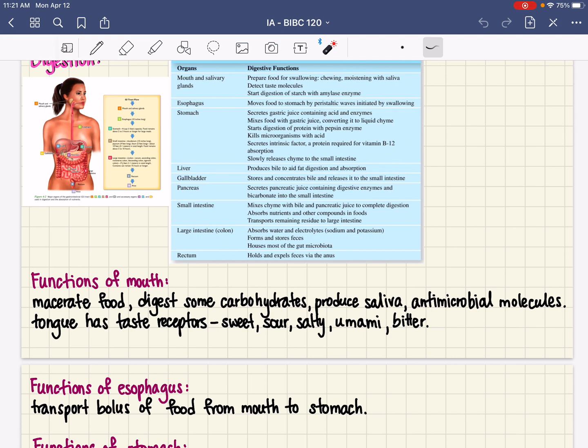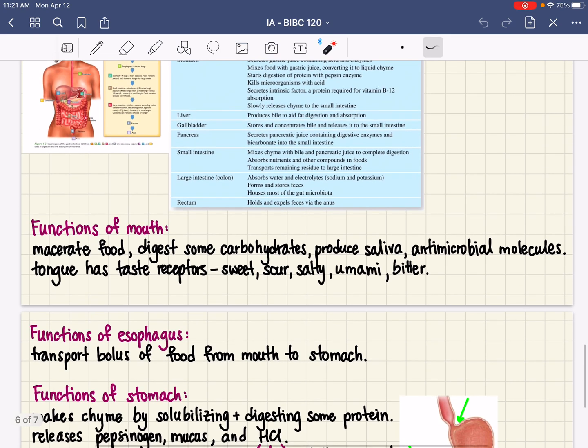And I believe the saliva also contains antimicrobial molecules, I think they're called lysozymes. Don't quote me on that. But for sure something antimicrobial to be able to fight off any germs that we may have eaten with the food. And then along with that, our tongue has many taste receptors, right?